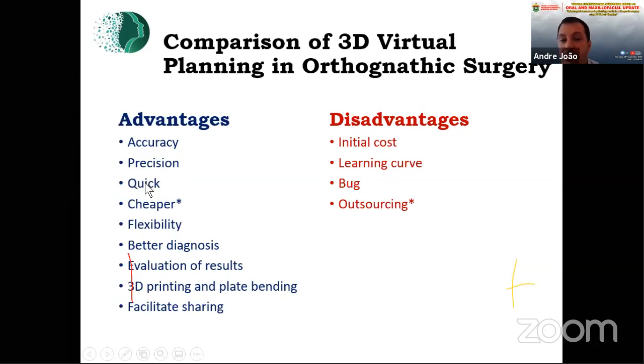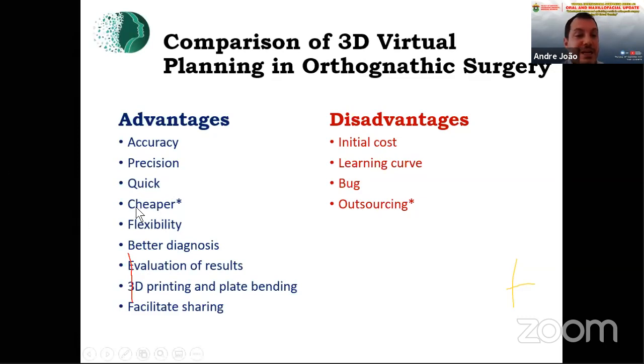For me, it's quicker. If I have all the data, I can plan a case in 4 hours, then have 2 or 3 hours of 3D printing.